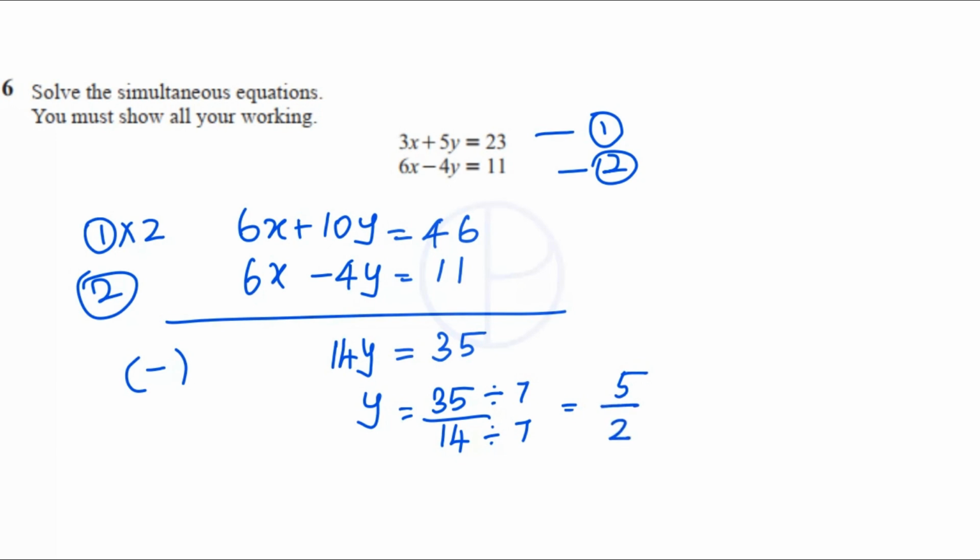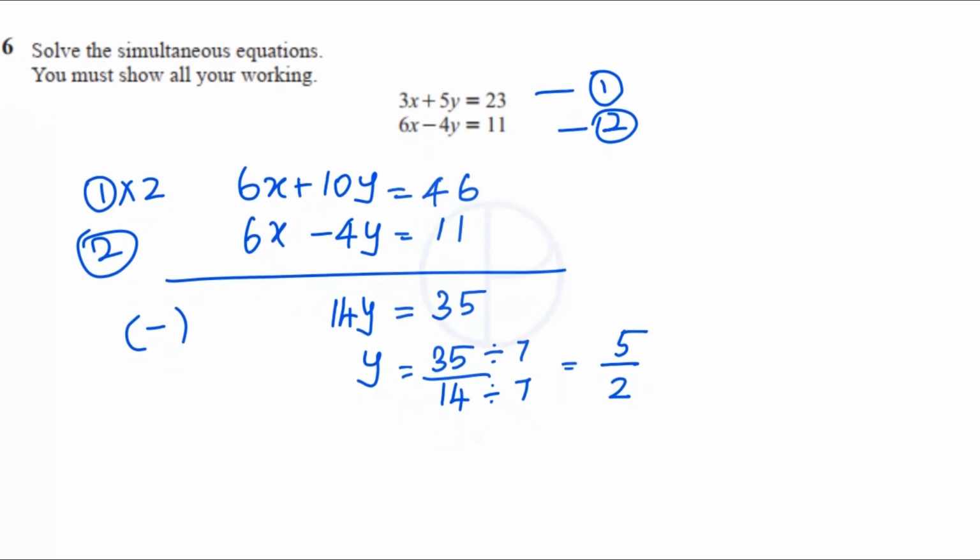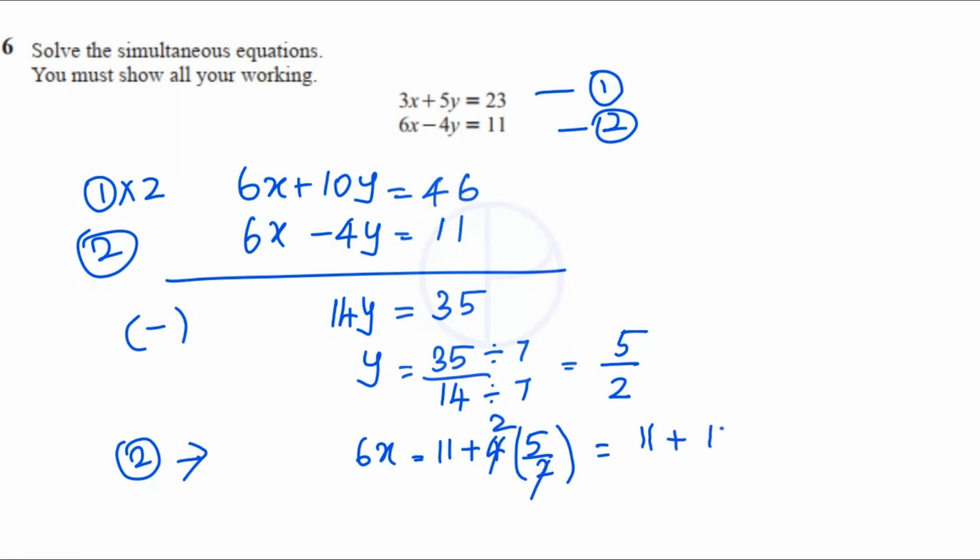Let's find the x value from equation 2. 6x equal to 11 plus 4y. What is y? y is 5 divided by 2, which is 11 plus 10, which is 21.